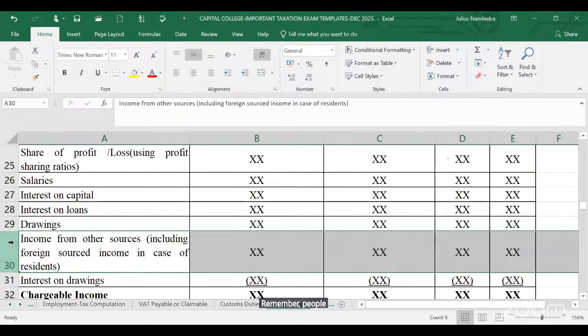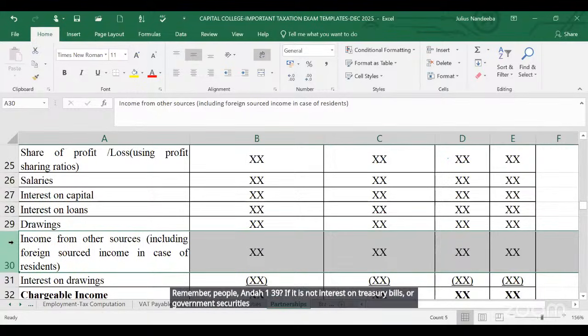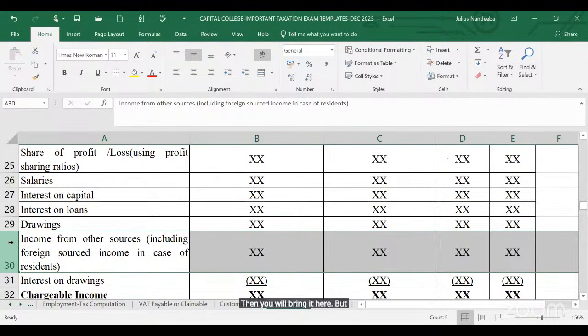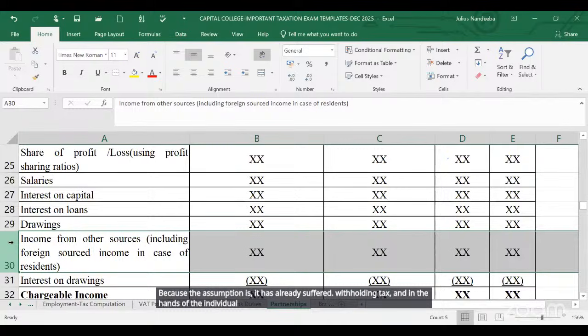Under 139, if it is not interest on treasury bills or government securities, if it is not dividends, if it is not interest from a financial institution, if it is not commission, then you will bring it here. But if it is among those, you don't bring it here. Because the assumption is it has already suffered withholding tax, and in the hands of the individual, it is final. You can't bring it here.